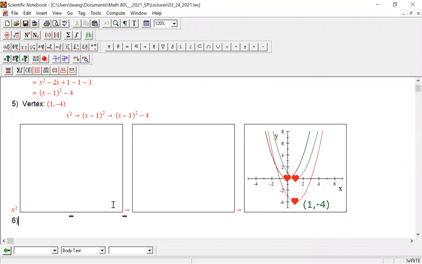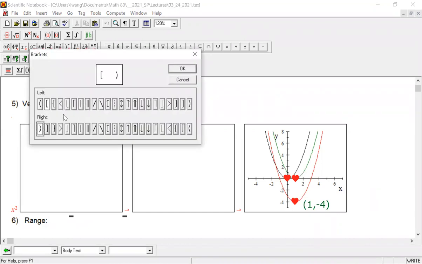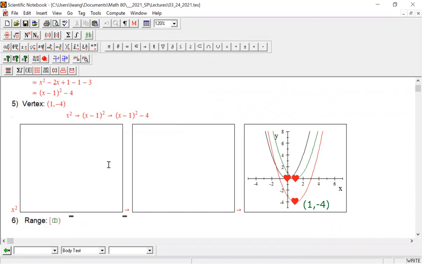what is the range? Obviously, this parabola opens up and the lowest point is 1, -4. The range is about the output. So the output would be from -4 all the way to positive infinity.